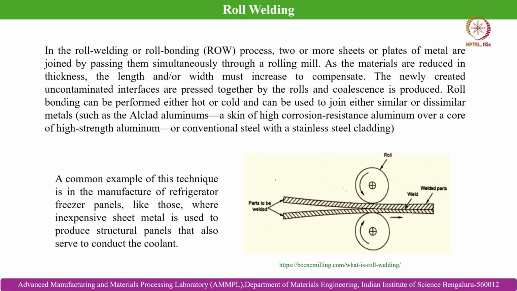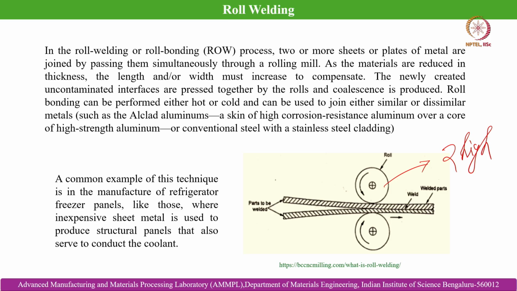In this case, it is a typical example of a two high rolling mill, where you can see the upper roller is rotating in the counterclockwise direction and the bottom roller is rotating in the clockwise direction, and that is why they allow the plates or parts to be welded to pass through them.